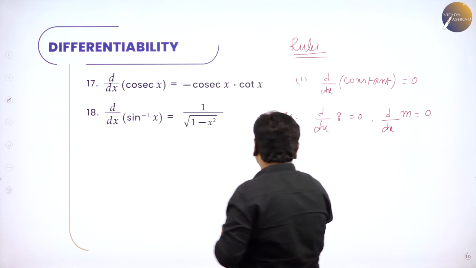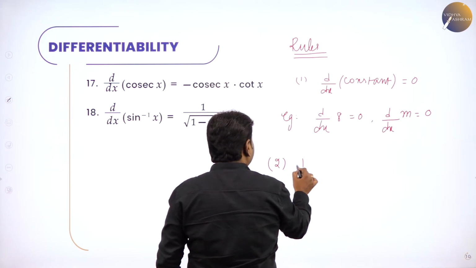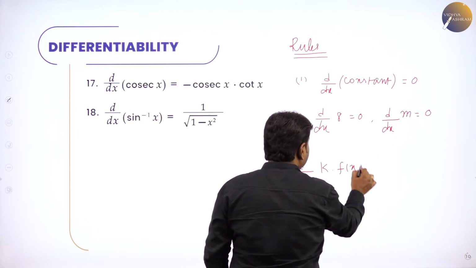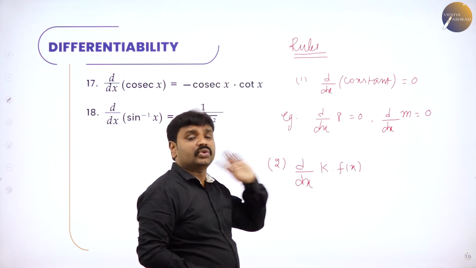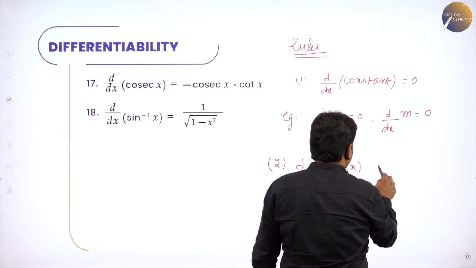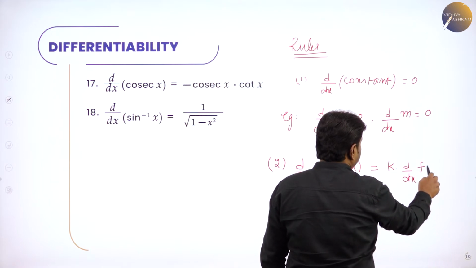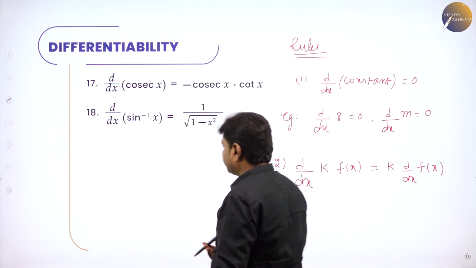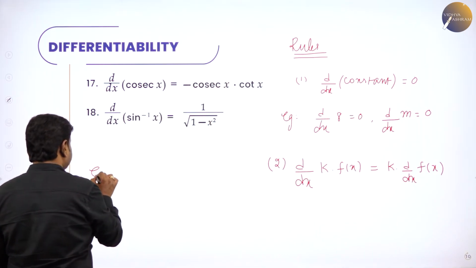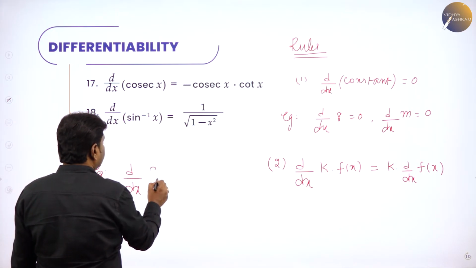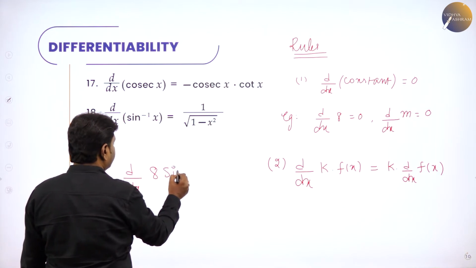And the second rule, very important. d by dx of k into f of x, that means d by dx of a constant into f of x. The answer is k into the differentiation of f of x. For example, if I give you d by dx of 8 sin x.